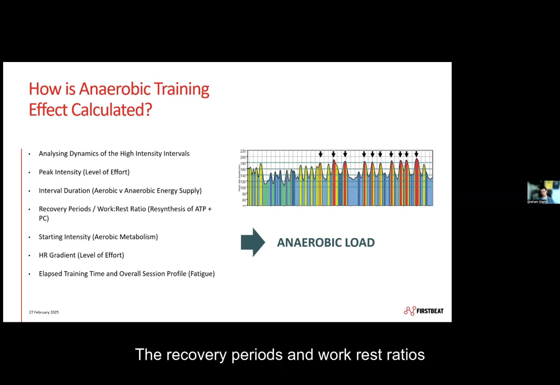The recovery periods and work rest ratios that have already occurred. It uses that to figure out what opportunity there has been for resynthesis of ATP. Because if you're constantly at high intensity, then you'll use up those stores early on, but then perhaps won't have the opportunity to recover them, which reduces the amount of anaerobic work you can do subsequently.